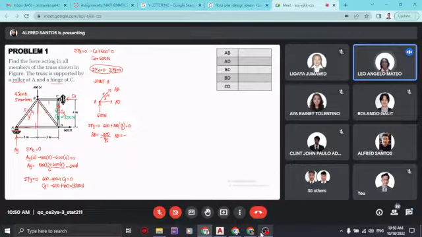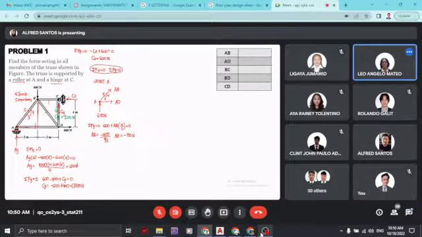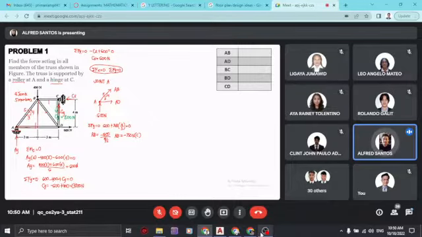Negative 750, sir. Okay, negative 750. So is it a tension member or a compression member? Compression, sir. Okay, it is a compression member, kasi negative yung nakuha nating value. So this is your AB, 750 Newton compression.